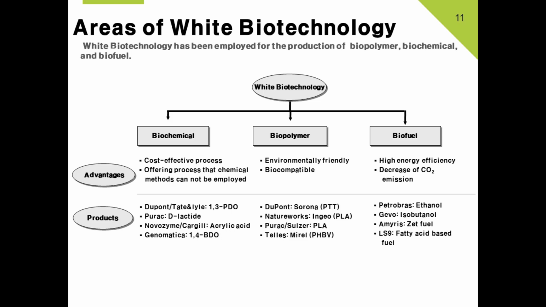Under the areas of white biotechnology, the products from white biotechnology are chemicals, polymers, and fuel. Under the biochemicals, the process is cost effective and it offers processes that may not use chemicals.